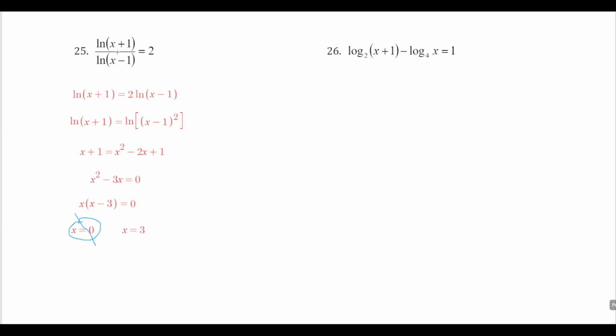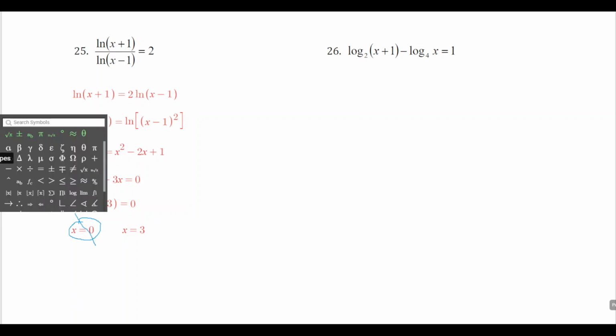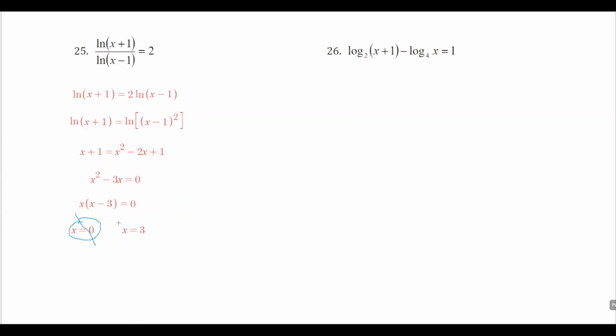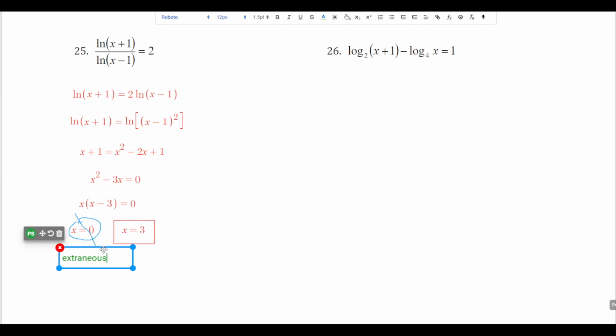And then 3 does not appear to cause any problems. So there's our solution. This other solution was extraneous, so I'm going to make a little note here. All right, and there's number 25.